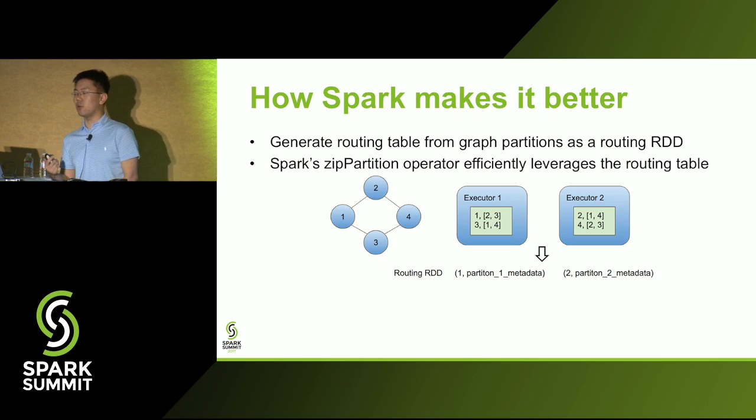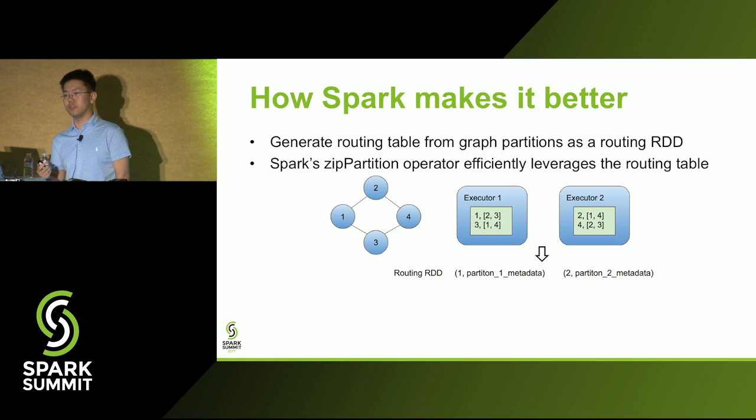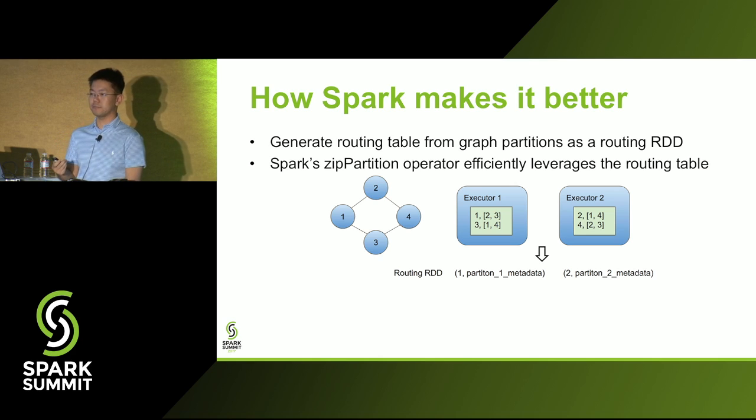Each element in the routing RDD represents a graph partition, and it is keyed by the partition ID of the corresponding graph partition. By further materializing and persisting these routing RDDs on the executors, the routing RDD now essentially records the information about which graph partition is stored on which executor.